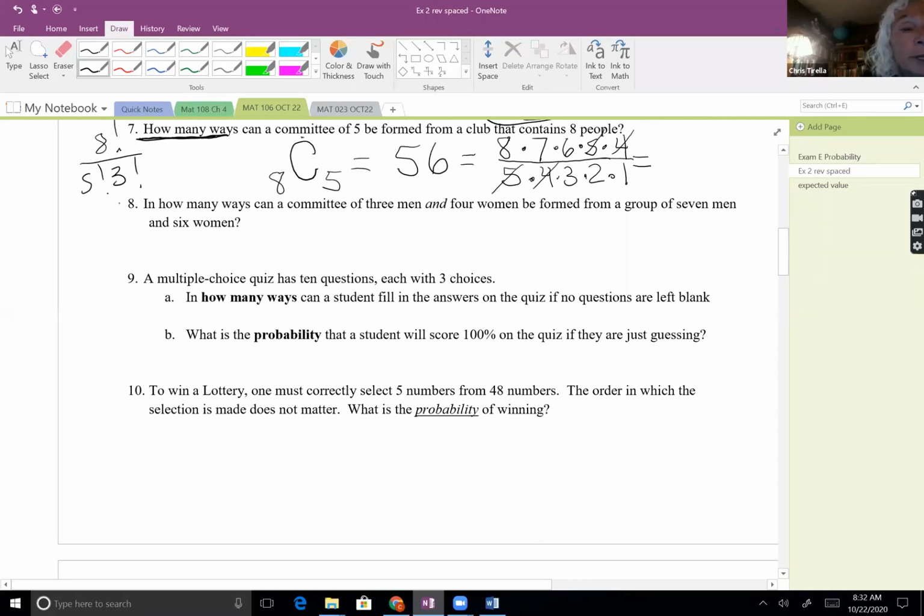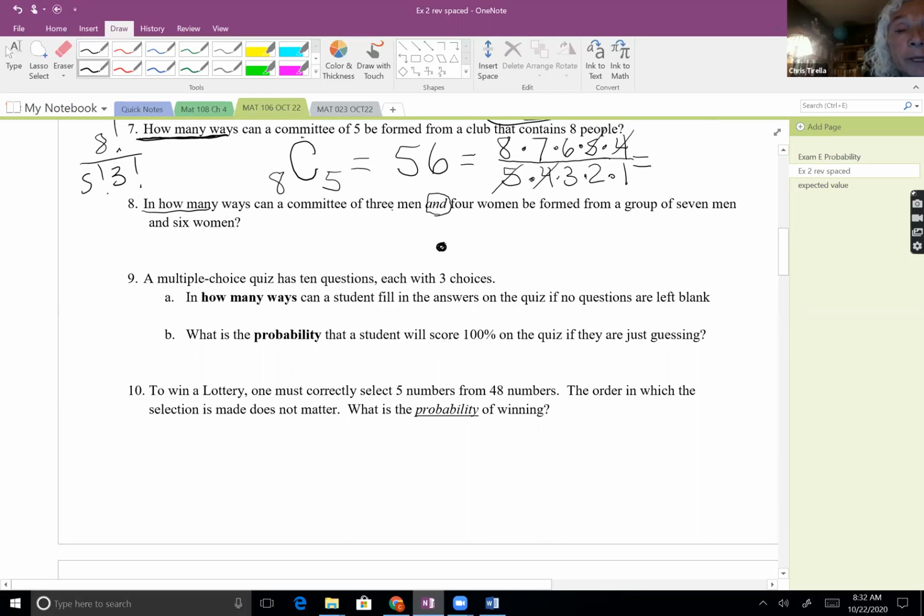Next question, should my answer be a whole number or a fraction? A whole number. When I see that word and, it usually tells me I'm going to multiply. When I see that word committee, it tells me I'm going to have a combination.